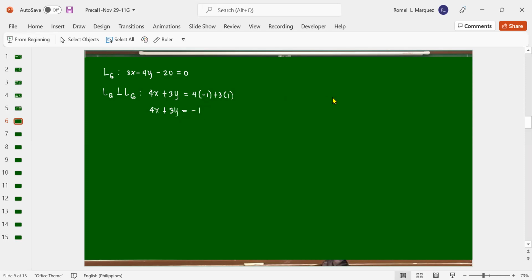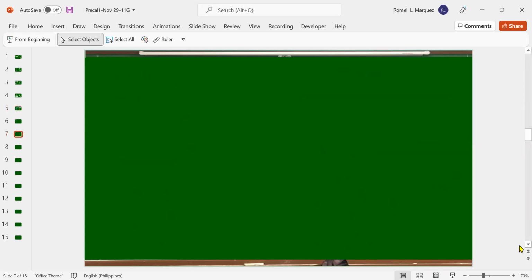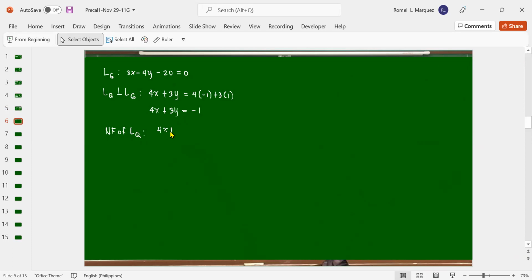So it means the line LQ is below the origin, a little below. What is that value? Negative 1 over the radical, the distance. For the normal form of LQ, we have 4x plus 3y. What is our divisor?